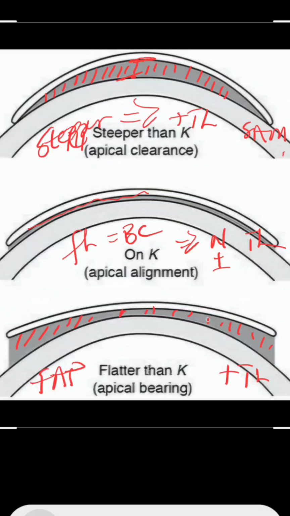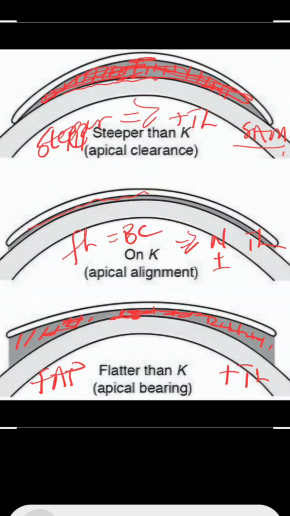So whenever you fit a contact lens, and the base curve is flatter than the flattest K, you had to add plus to neutralize that minus tear lens that was formed. And when you fit a contact lens and the base curve is steeper than the flattest K, you had to add minus for you to neutralize this tear lens that is formed here.